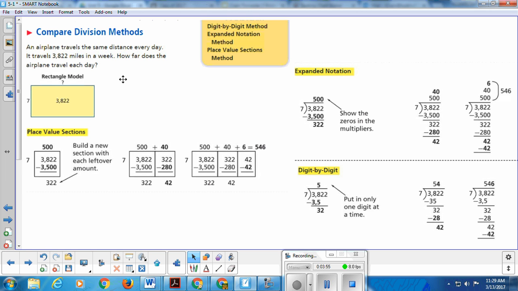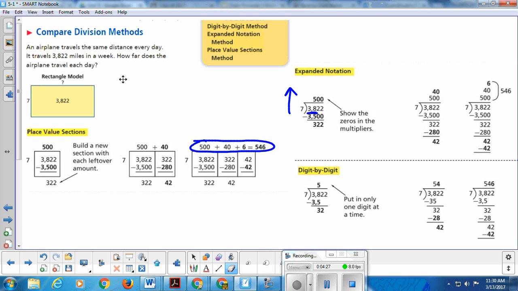So in expanded notation, you basically are taking this top part and building up, all right? So you're doing the same kind of a division. So you're taking 3,822, dividing it by 7. How many times does 7 go into, I would look at 3,800, okay? And we've already said 500 times 7 is 3,500.